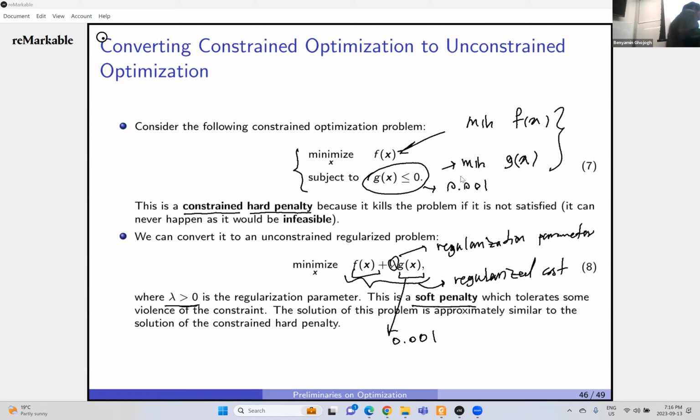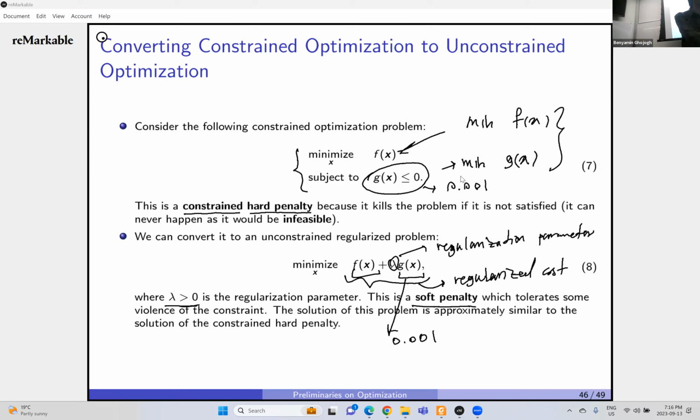An example for you to understand soft penalty versus hard penalty in the real world is this. Again, this is just an example, don't take it as controversial. I only say these things because they help you understand very well.